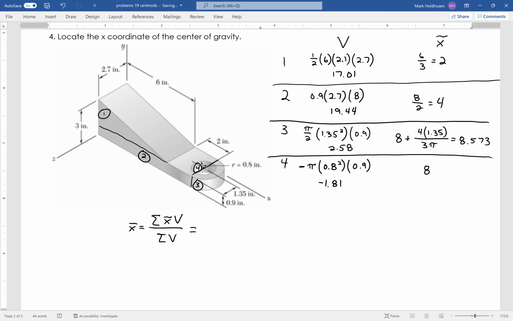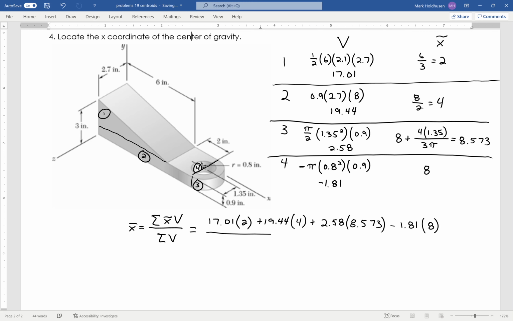So this is going to be 17.01 times 2 plus 19.44 times 4 plus 2.58 times 8.573 minus, and it's going to be minus because as a whole I'm removing this one from the total solid, so it's minus 1.81 times 8.